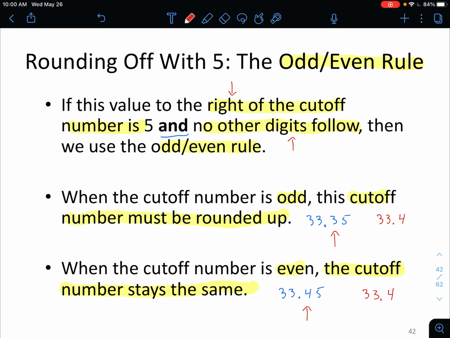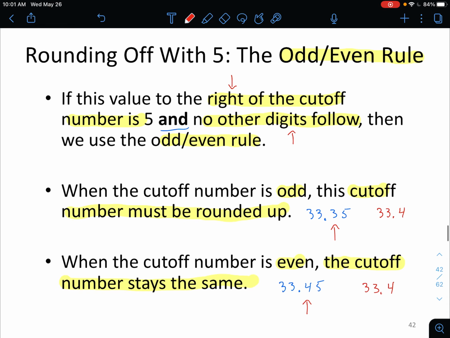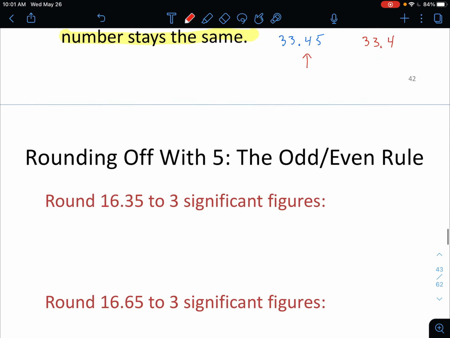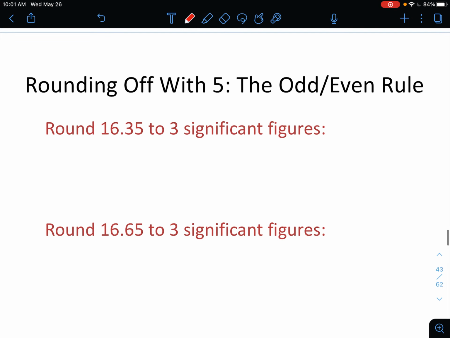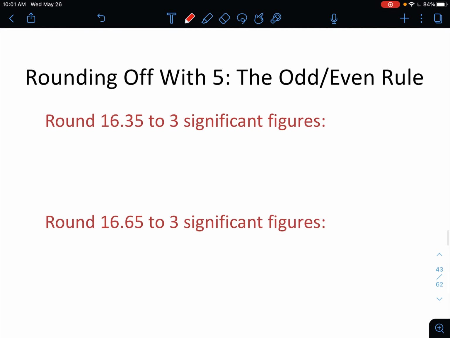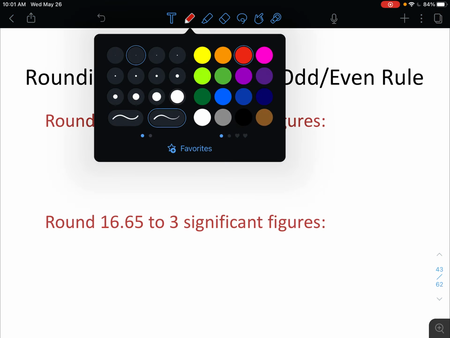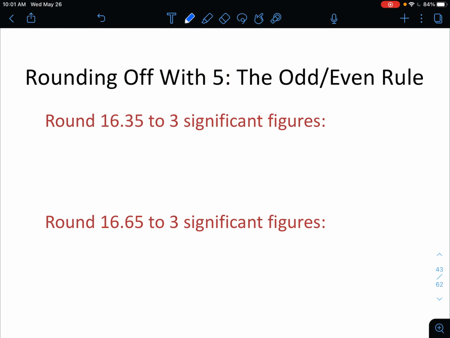Okay, so I think I have another collection of round-offs that I've done, and that'll give us a chance to look at the odd-even rule along with these other rules, and we'll talk about one other idea as well. Okay, so for the odd-even rule, let's look at these two.